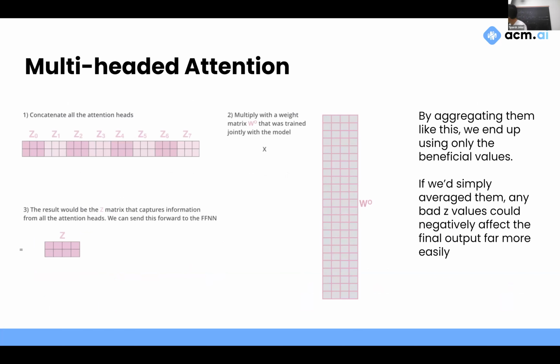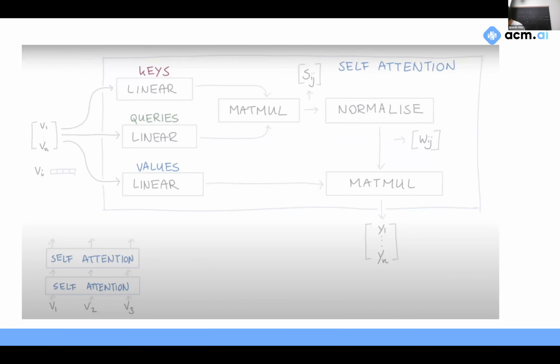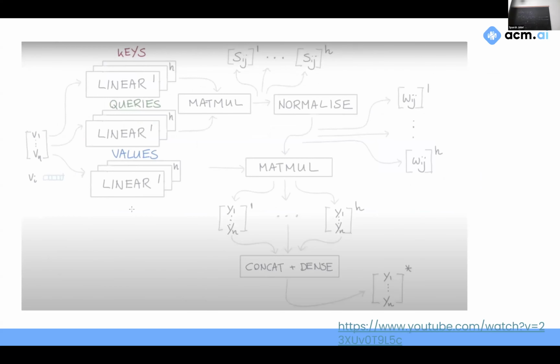Let me explain it like this. You're pretty much getting a list of vectors, and then you're outputting another list of vectors. The problem is, with a single head you can put in equal values, right? But if you do multi-head, you have a list of n heads. Here we have a set of values, a second set, a third set.